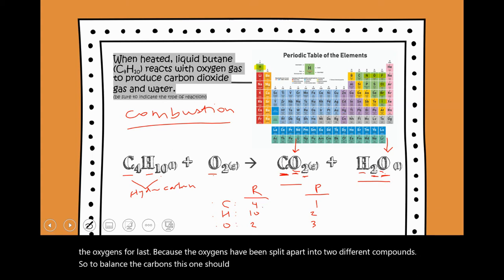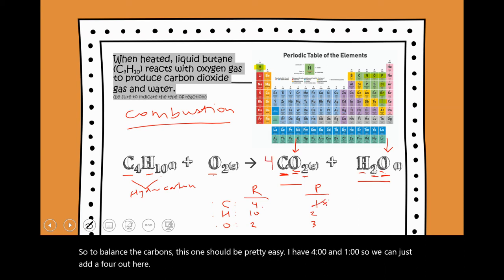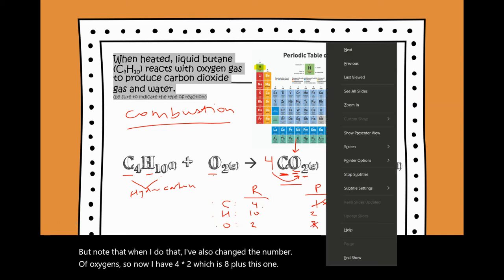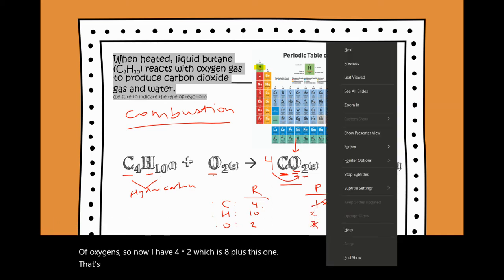So to balance the carbons, this one should be pretty easy. I have 4 and 1, so we can just add a 4 out here because 1 times 4 is 4. But note that when I do that, I've also changed the number of oxygens. So now I have 4 times 2, which is 8, plus this 1. That's 9 oxygens.